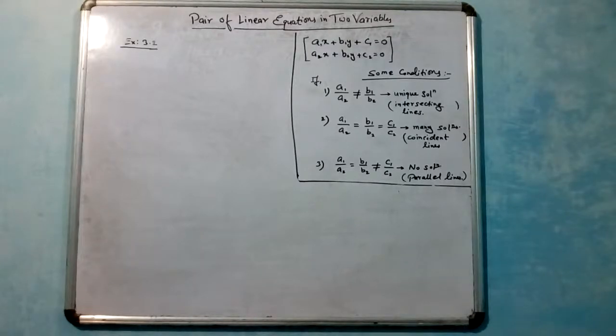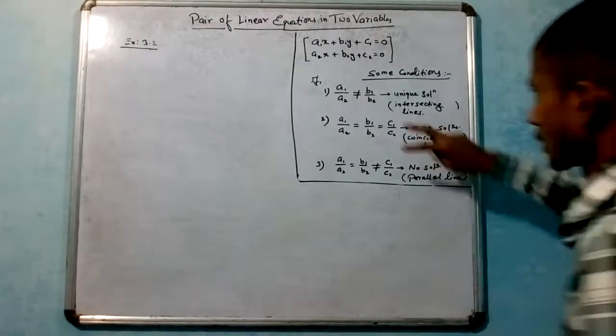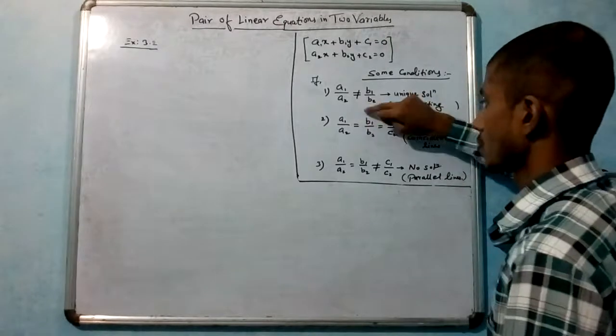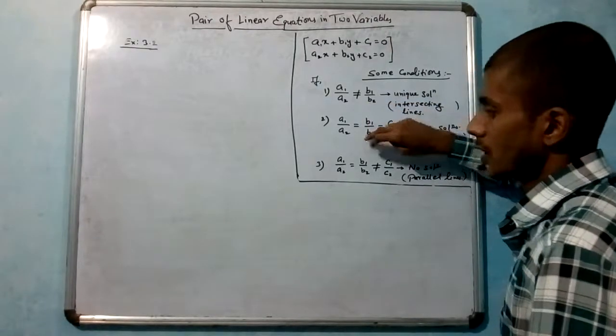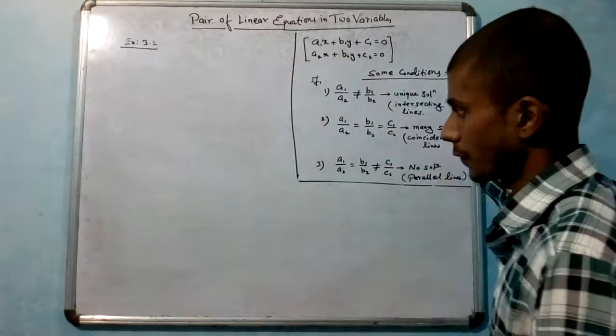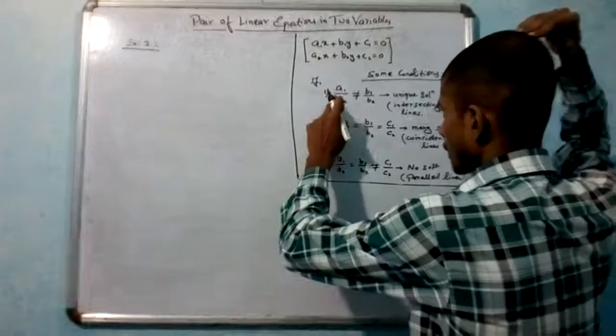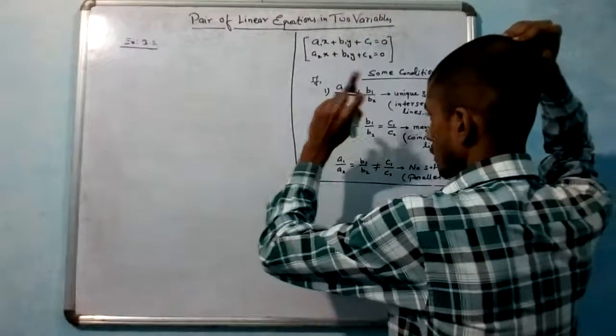And not only present, we also have to find the solution. So if after comparison we got either of the two cases, then we have to proceed further graphically. Suppose we got this case.